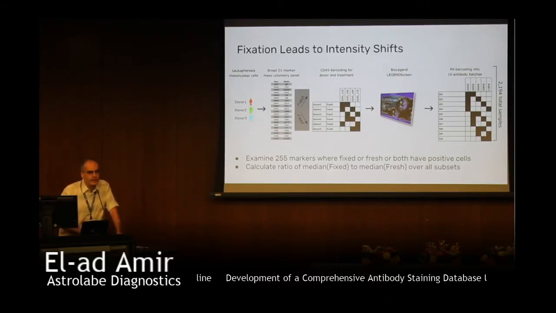And then for each one of these, and for each one of the cell subsets we identified, and for each one of the donors, we calculated the ratio between the fixed and the fresh signal. So each one of the antibodies has about 100 data points, 30 cell subsets times 3 donors.